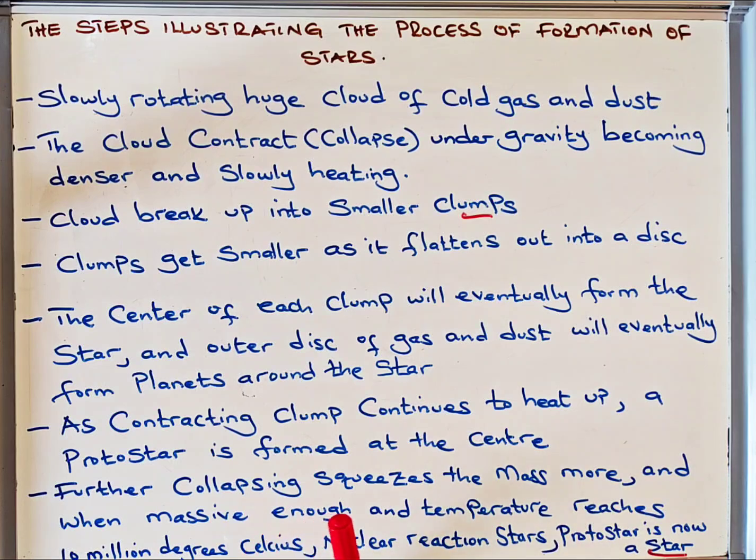A nuclear reaction is self-sustaining. It can continue on its own without any support. So once that process starts, what was a protostar is now a star, which can sustain itself for a long period of time.